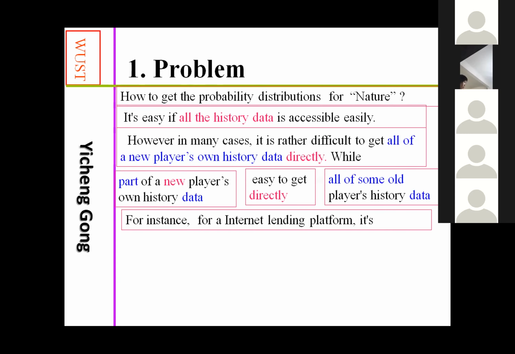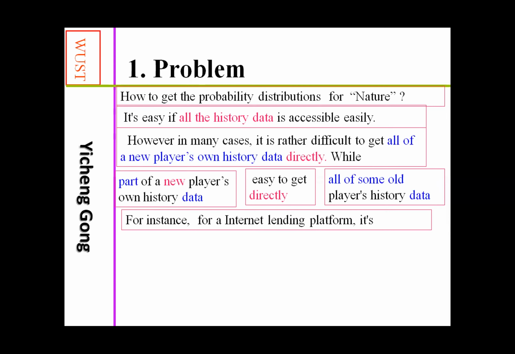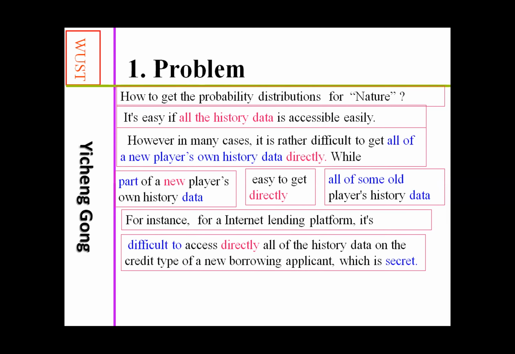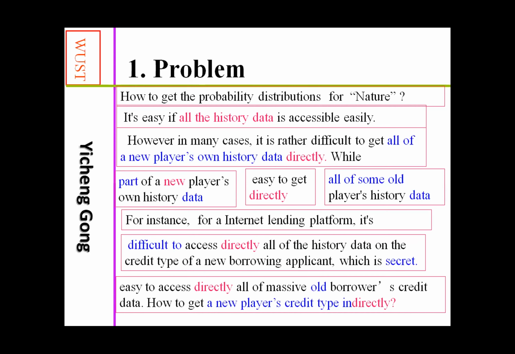For instance, for an internet lending platform, it is difficult to access directly all of the history data and credit type of a new borrowing applicant because this is a secret. But it is easy to access directly all of massive older borrowers' credit data. Then, how to get a new player's credit type indirectly?